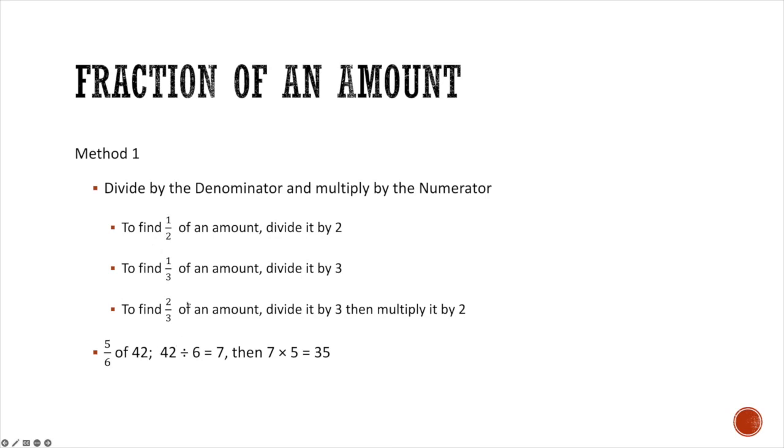If given 2 over 3 of an amount, we have to divide by 3, then multiply by 2. If we want to find 5 over 6 of 42, first we divide by 6. The answer is 7. Then we multiply 5 by 7. 5 over 6 of 42 is 35.